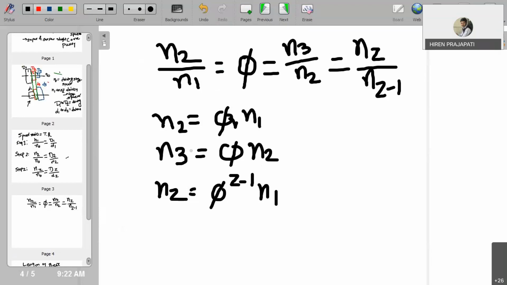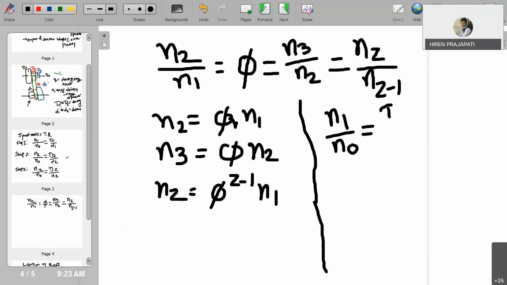Now let me write this in terms of diameter ratio. To achieve n1, where n0 is the input shaft RPM, it is equal to the first set of pulley diameter ratio, which is D1 by small d1, right? So here I can say n1 is equal to n0 times the diameter ratio.